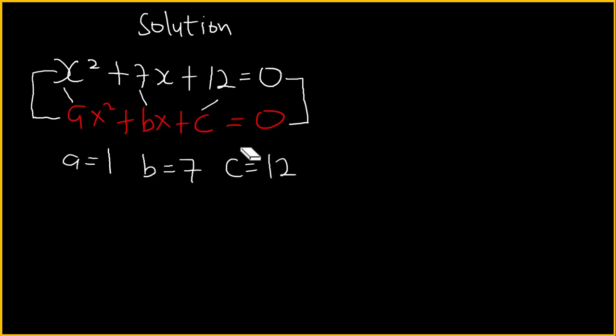So from our constant terms, which are A, B, and C, we are going to find our product of roots and then our sum of roots. With the product, the coefficient of x squared, which is A, that's 1, is multiplied by the constant term C, which is 12.